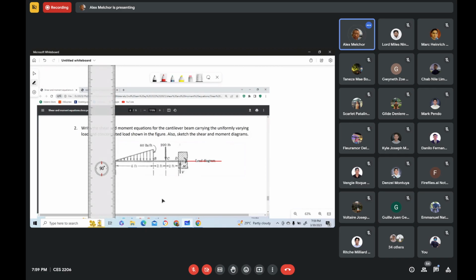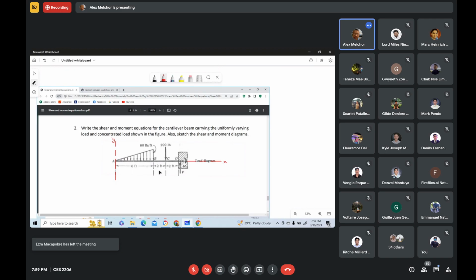The point of intersection of x and y is zero, that's our point of origin.